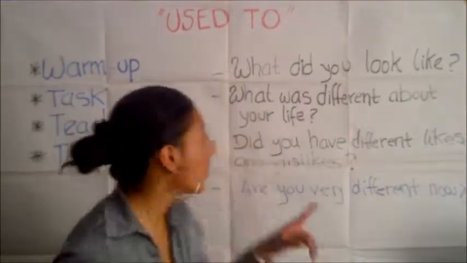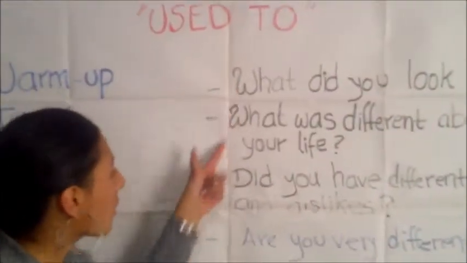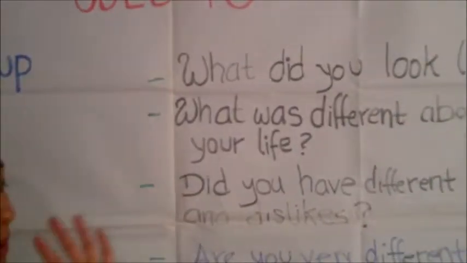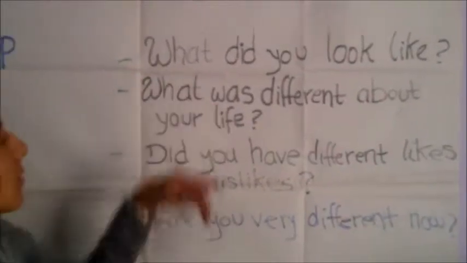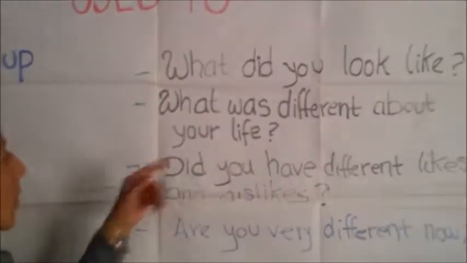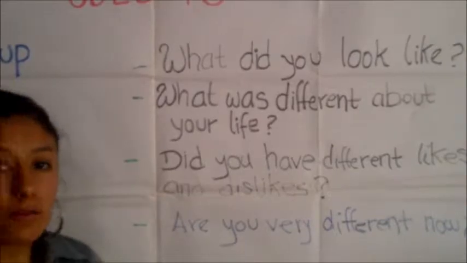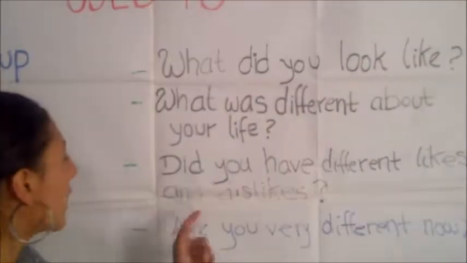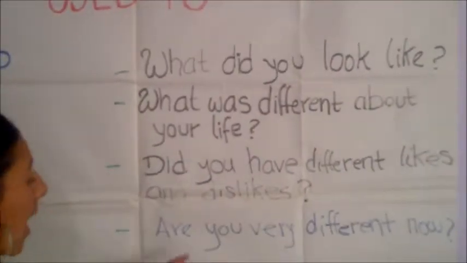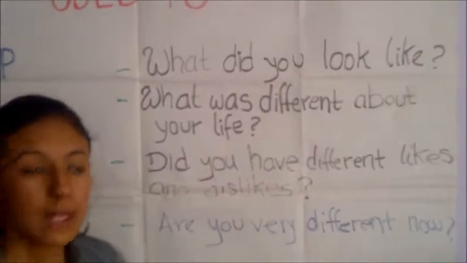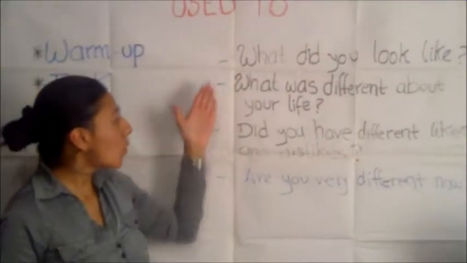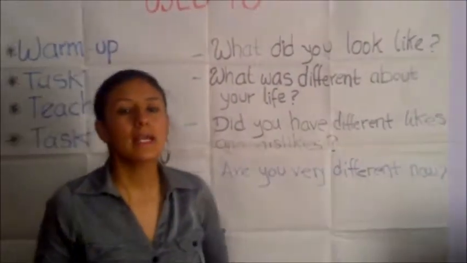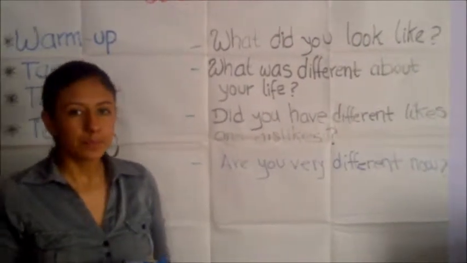For this part, you can provide the students some questions, in this case 4 questions. For example, what did you look like? Or what was different about your life? Or did you have different likes and dislikes? Are you very different now?